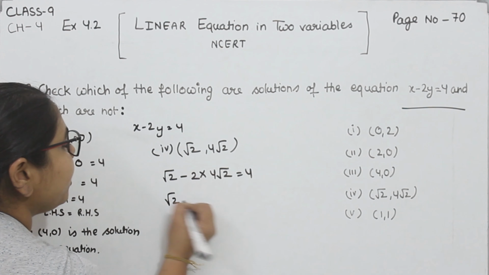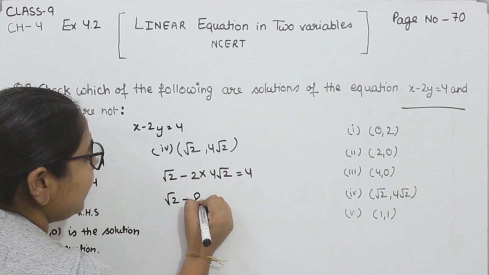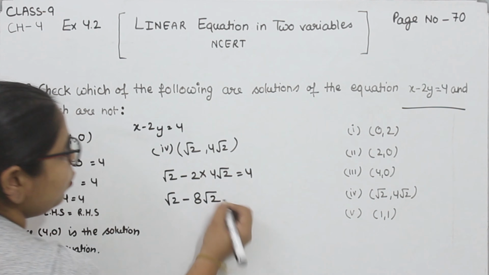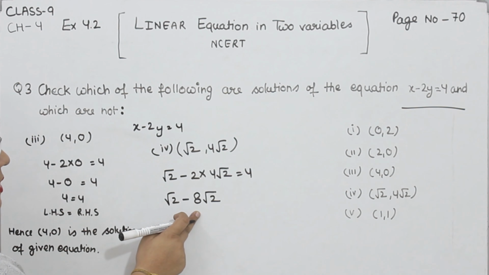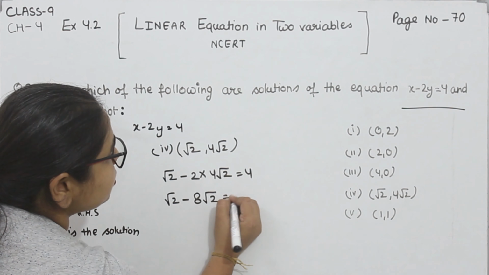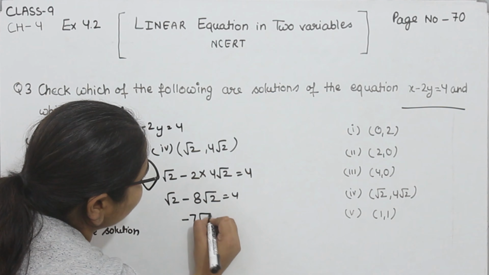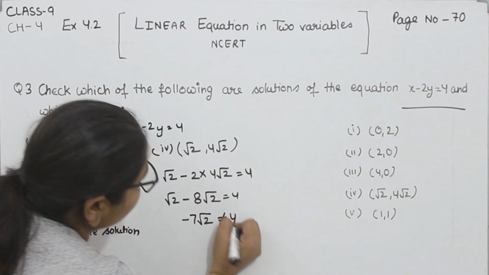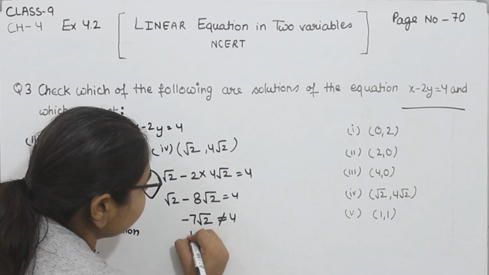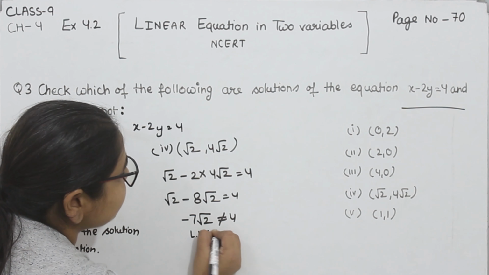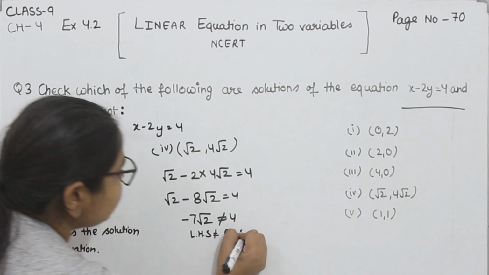Now root 2 minus 4 twos are 8 root 2. Now this one is 1 root 2 and this one is 8 root 2. So we'll subtract it. We'll get the value minus 7 root 2, that is not equal to 4. So we are going to write here left hand side is not equal to right hand side.